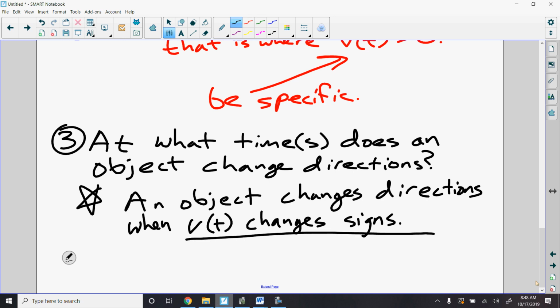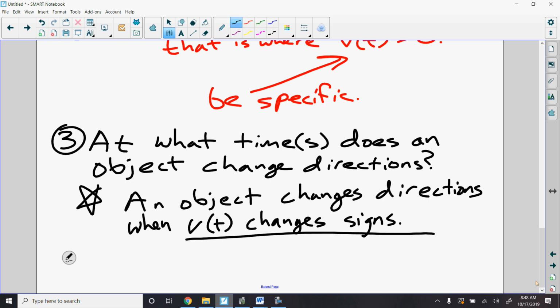Now, sometimes people think of this as, okay, an object is going to change signs at what number? Well, something is going to change signs going through 0, with a continuous function. So a lot of times students inappropriately assign this as, oh, v of t equals 0. It's more than that. That's how we identify candidates, but we have to do a sign test to make sure we actually change signs.